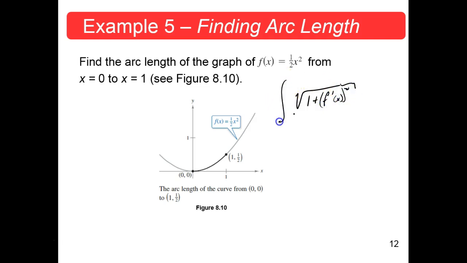And that would be the integral of that dx. That's what you meant? Okay. And since x's are going from 0 to 1. Okay? So what's the first thing you got to do? Take your derivative. So what's your f prime of x? X.